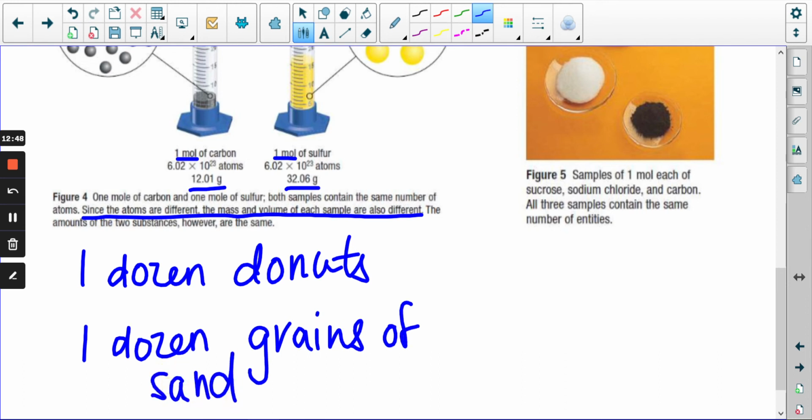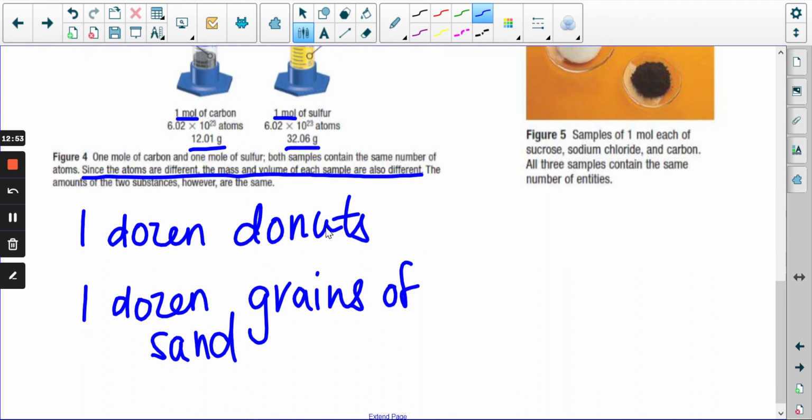Those are very different sizes, right? Those are very different things. The 1 dozen donuts, it takes up more space. It's going to be a lot heavier, but I'm still using the same unit of measurement. So that's the same thing I'm doing here with moles. I'm saying 1 mole of carbon as compared to 1 mole of sulfur.